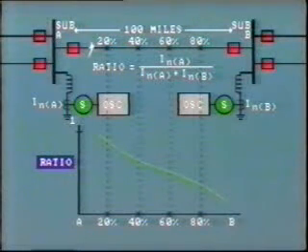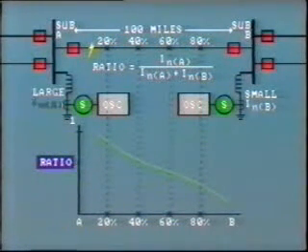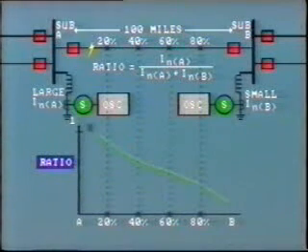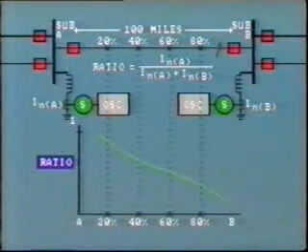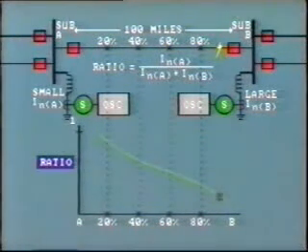If the fault is very close to station A, INB will be quite small compared to INA, so the ratio will be close to 1. On the other hand, if the fault is close to station B, INA will be small and the ratio will be close to 0.